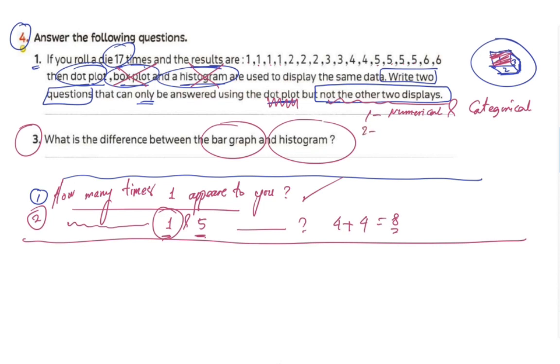The second difference, the x-axis for a histogram is intervals, but for a bar graph it may be anything, maybe numbers, maybe categories, and so on. Third difference is about the gap.